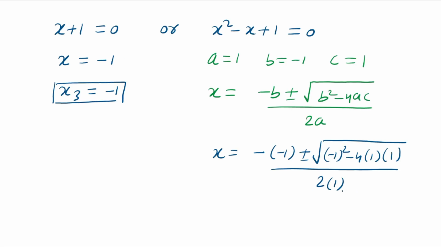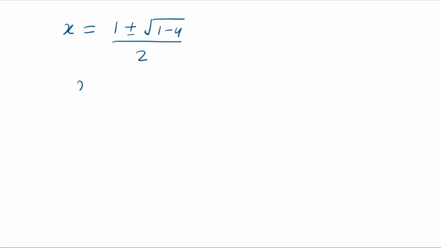Now on the right hand side we have 1 plus minus square root of 1 minus 4 over, and here the denominator is 2 times 1, which is 2. Then x is equal to 1 plus minus square root of minus 3 over 2.